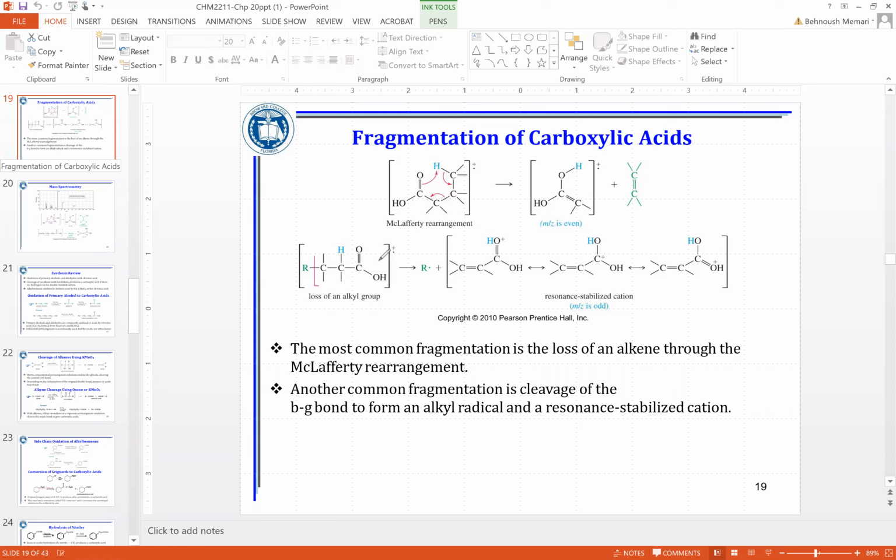If you do have more than 3 carbons, an alkene would form, and you would have the loss of the alkene as a result of rearrangement. So the carbon after the 3rd carbon is going to be cleaved off, and you get a carbon-carbon double bond, formation of an alkene.